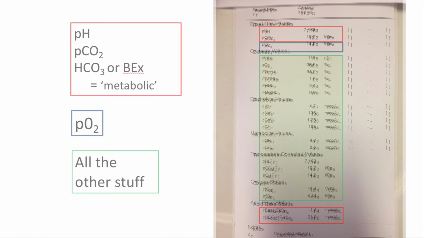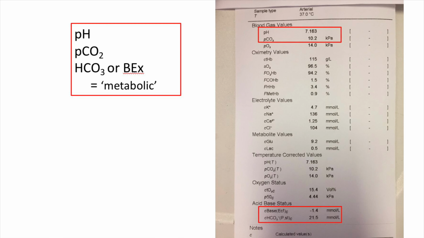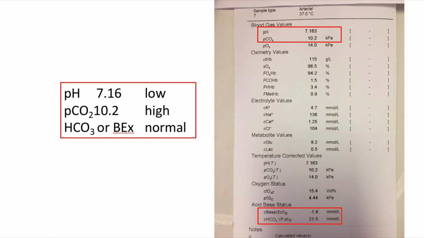Okay, once again, there are three areas of the blood gas, aren't there? The acid base, the oxygen, and all the other stuff. We're going to focus on the acid base. Let's look at those now. Notice the pH is low, the CO2 is high, and the base excess or bicarbonate are both normal. So the pH is low, that's an acidemia. It can only be caused by an acidosis.